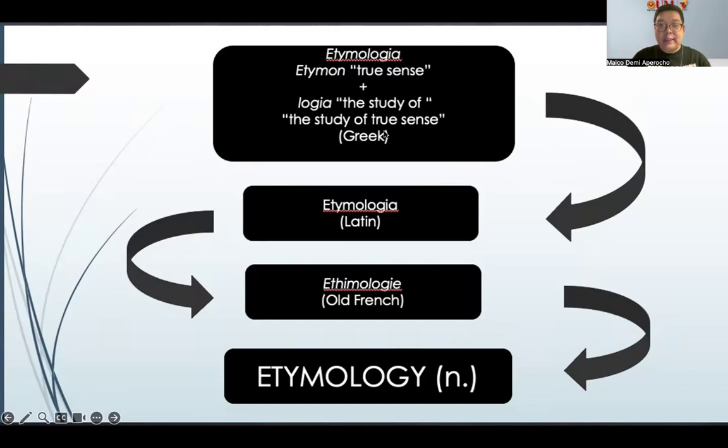It was Greek in origin, and then it became an accepted word in the Latin language, which is also etymologia. And then it became an accepted word in the Old French language when it became the term etymologie. And then later on, when the English language evolved, it became a noun, which is now the orthographical presentation, etymology. That is how we spell the word at the current time.